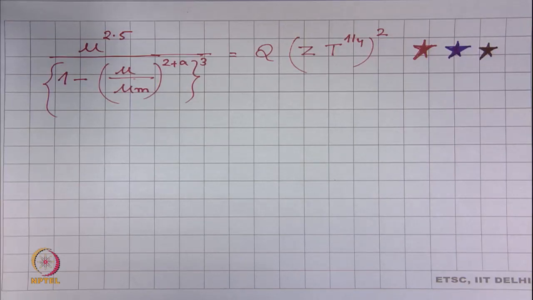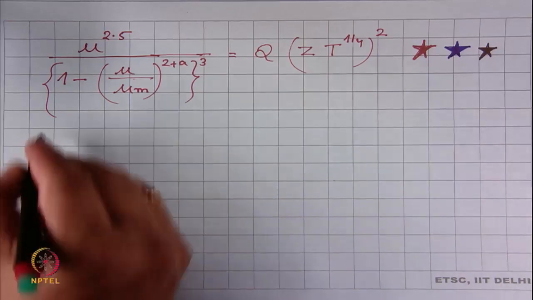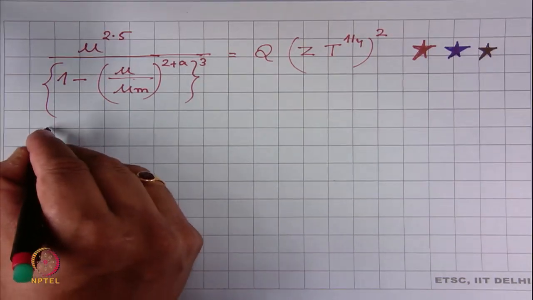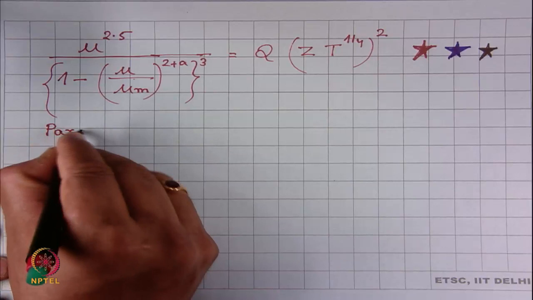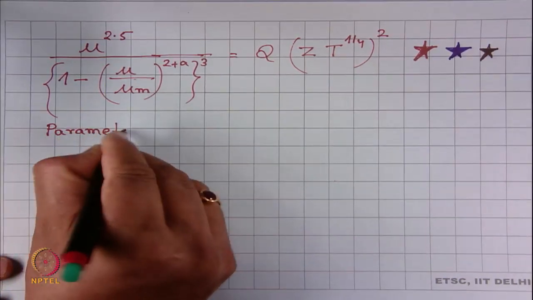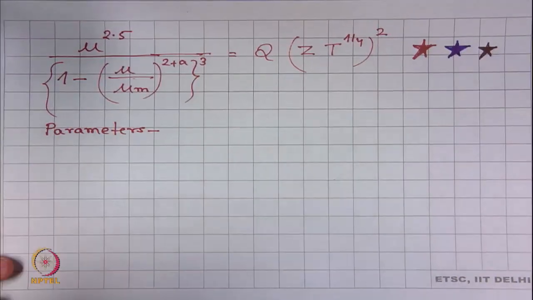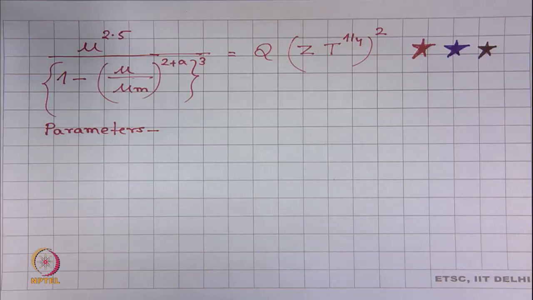Now, let us talk about these parameters mu m and a. Typically, maximum packing density practically in a yarn is equal to 0.8.